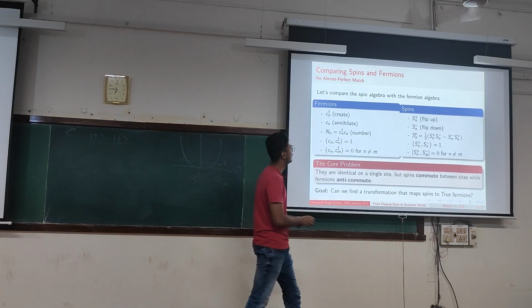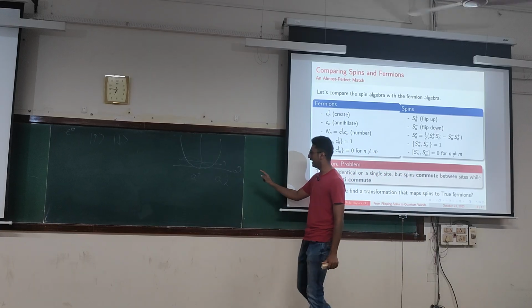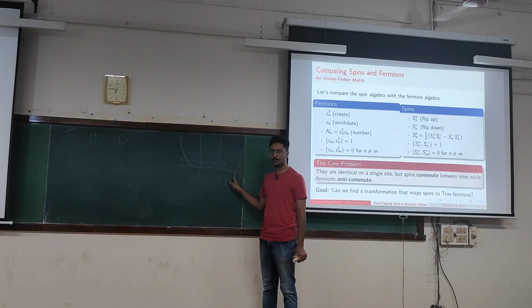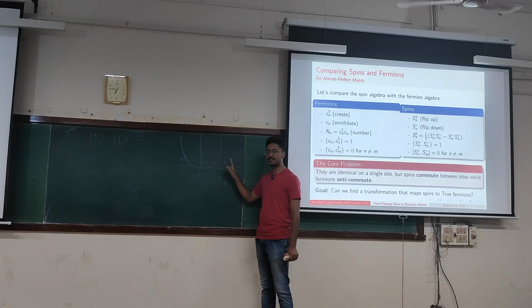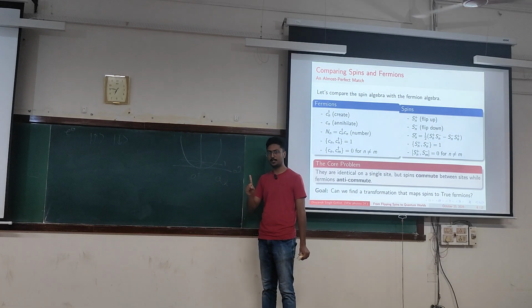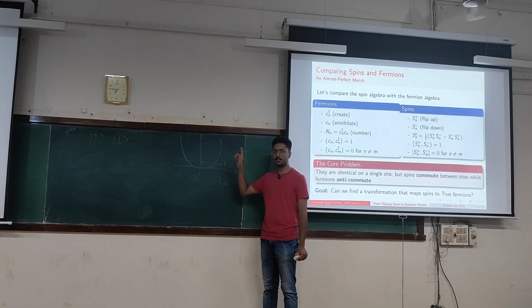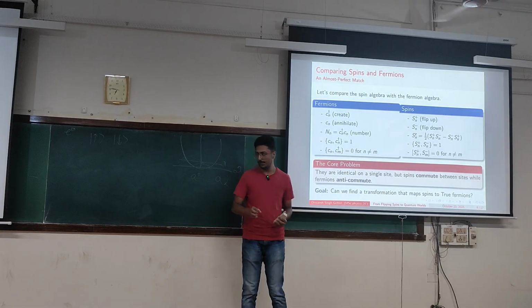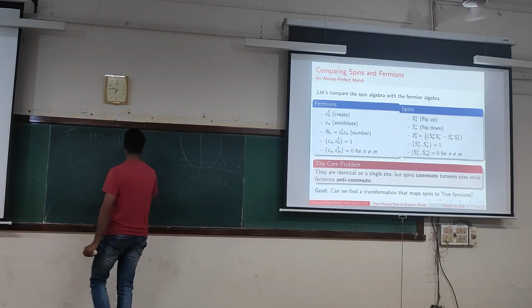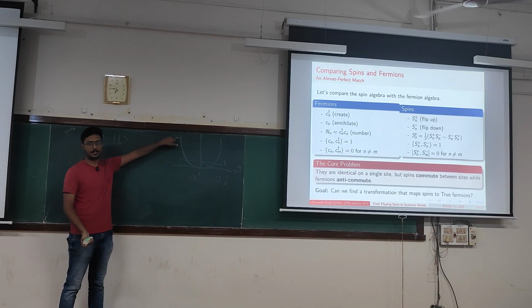So I am saying if the state is in the zero state, like the ground state, there are no particles. If the state is in the state of 1, there is one particle. If the state is in excited state 2, there are 2 particles, 3 particles, 4 particles, and so forth.